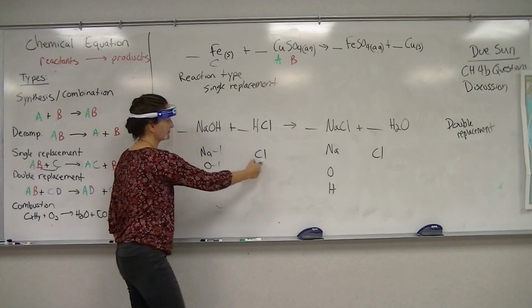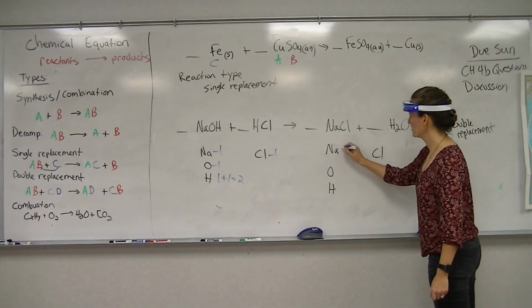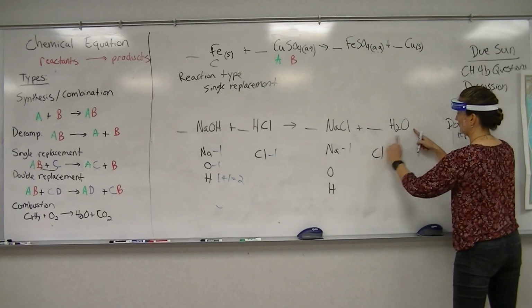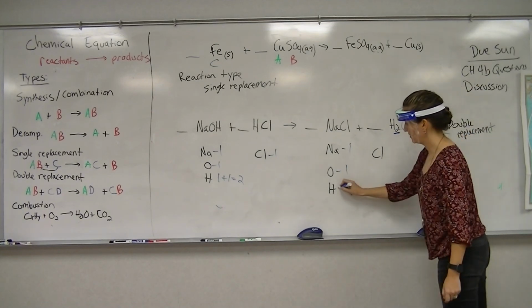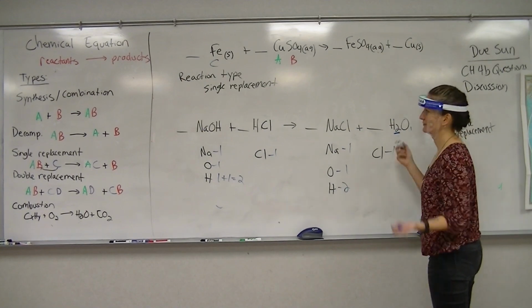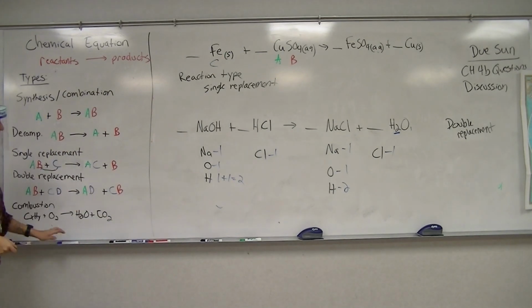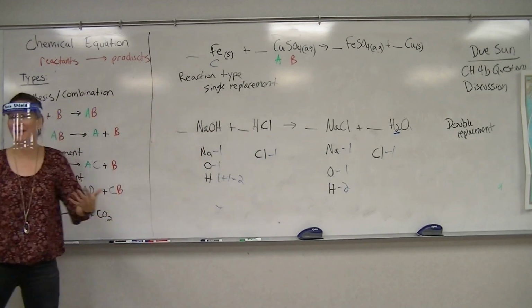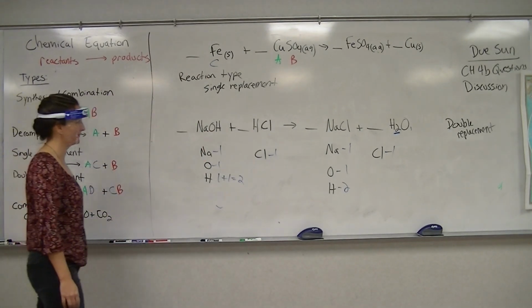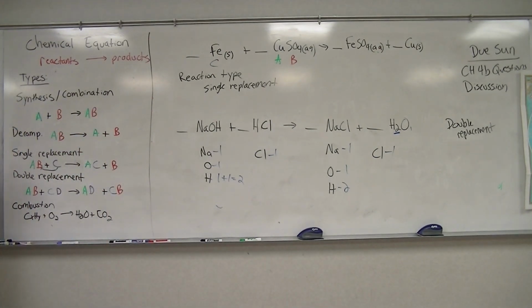Then chlorine, one. On the product side: one sodium, oxygen just one, two hydrogens, because the 2 is only in one spot, and then one chlorine. So that one is balanced too, but it didn't look like it right away when I just glanced at it. Sorry, like I said, single and double replacement are boring to balance because they kind of balance themselves. It's the combustion and the synthesis and the decomp ones that are kind of fun.